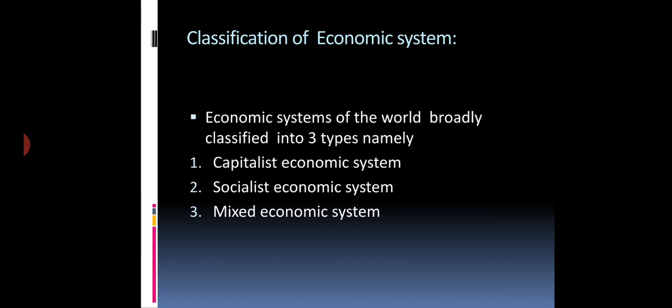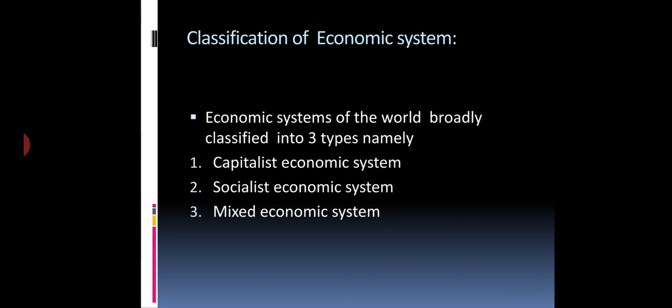Now, try to understand the meaning of capitalist economic system. Capitalist economic system is one in which the means of production are owned and managed by private individuals. Profit and competition are the main motto of this economic system, and the best example is USA.